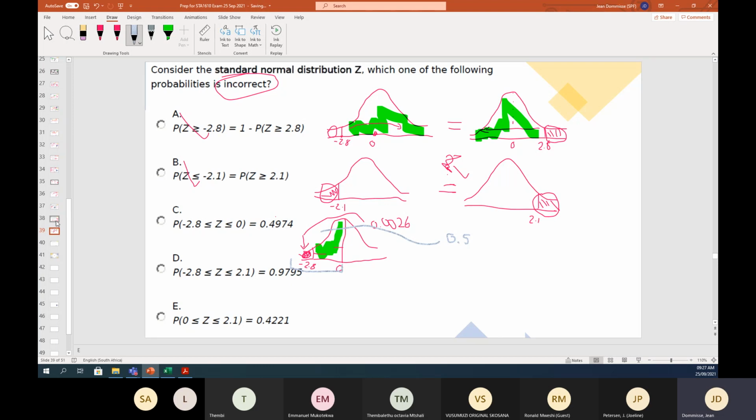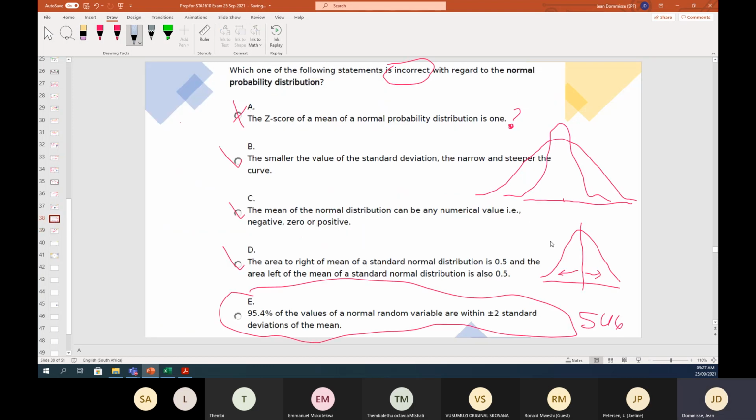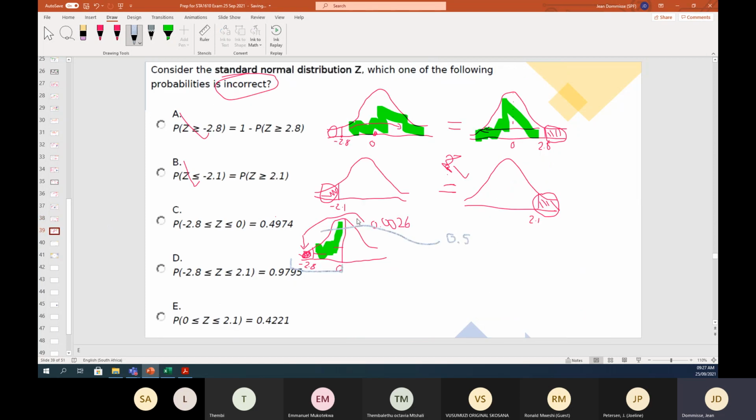We saw it in the previous question as well, where Z equal to 0, that side is 0.5, the other side is 0.5. So I can work this out, that green part, as 0,5 minus 0,0026. That should give me the answer, and that is 0,4974.